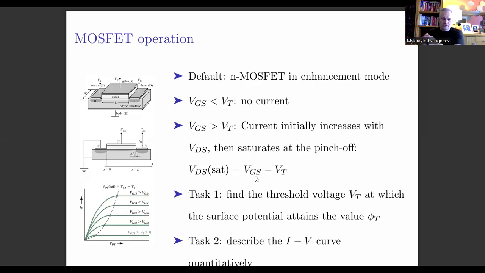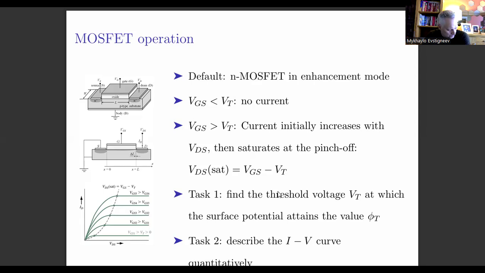They move through the inversion layer, and then they keep going through this depletion region to the drain. And the current will be constant because the resistance of the inversion layer is practically the same, and the voltage across the inversion layer is the same. All right, so that's the reason the current voltage curve saturates at this saturation value of the drain voltage.